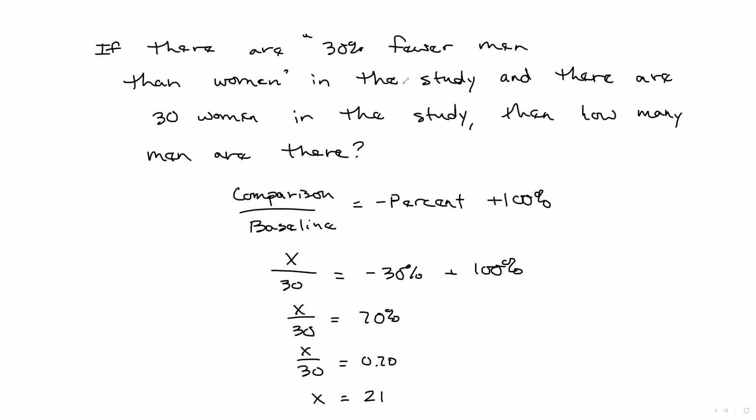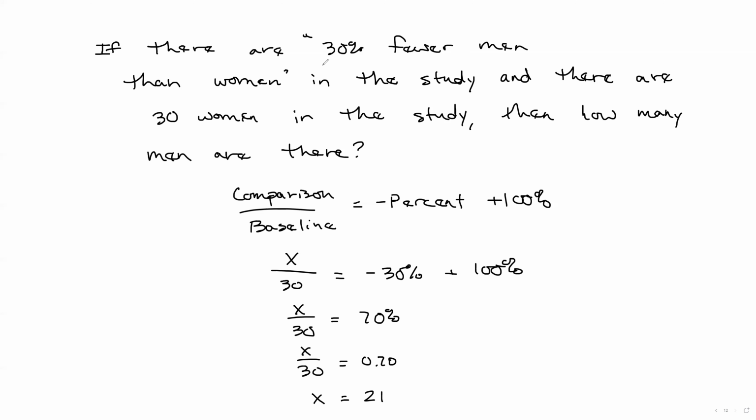Okay. And so the shortcut, if you're going to try and do it in your head, is that anytime you hear 30% fewer, 20% less, or a 15% decrease, what you want to do is take the number that they gave you and subtract it from 100. So 30% fewer means that there's going to be 70% the number of men than women.